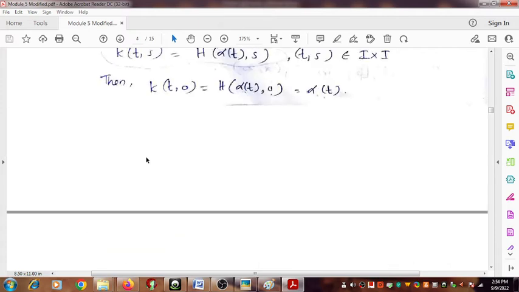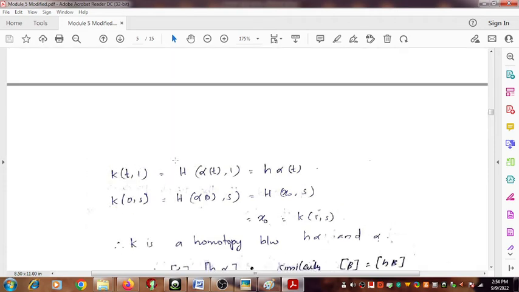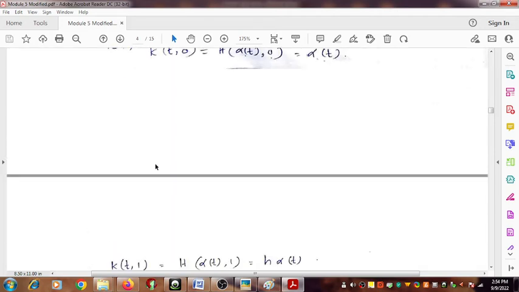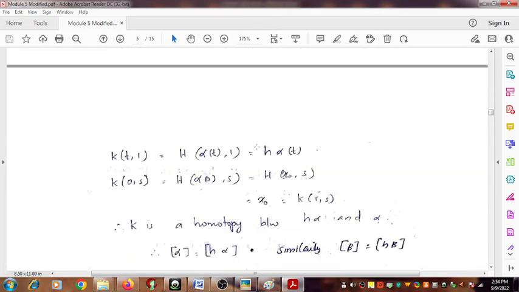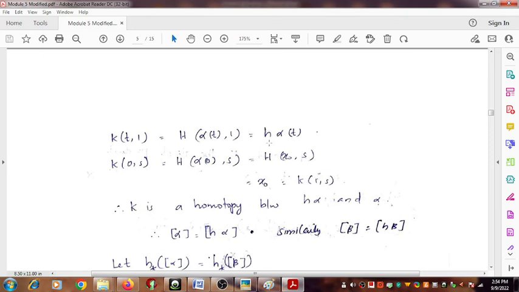In the same expression, if you take k(t, 1), we get that k(t, 1) = h(α_t(1)) = h(α(t)).